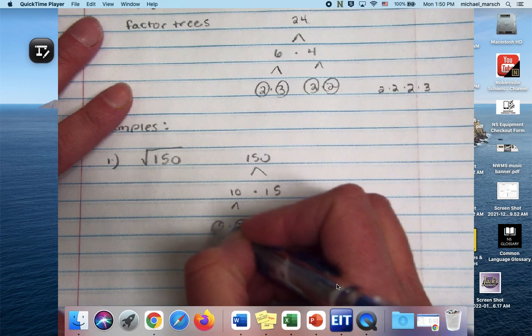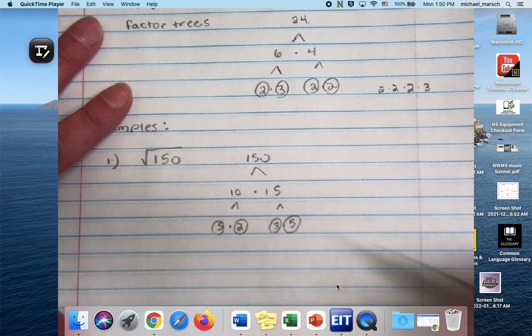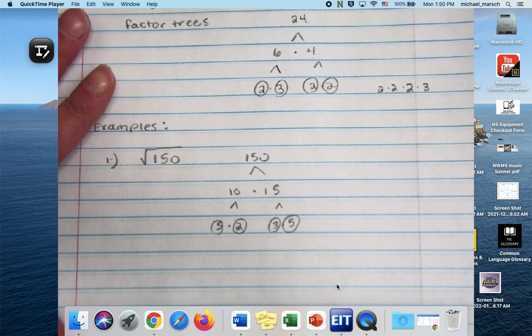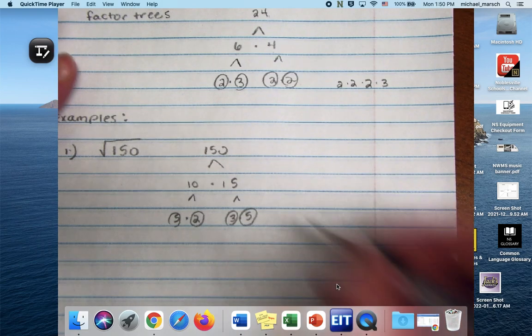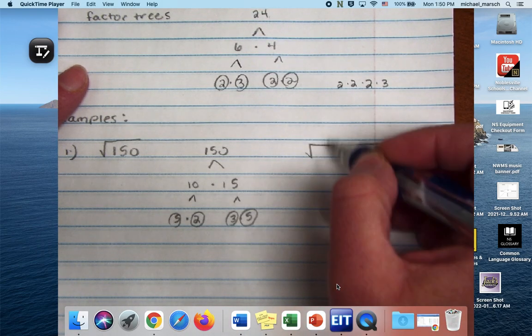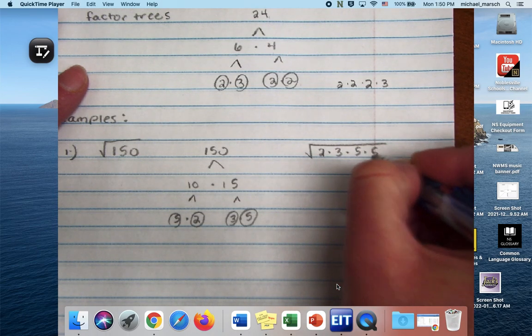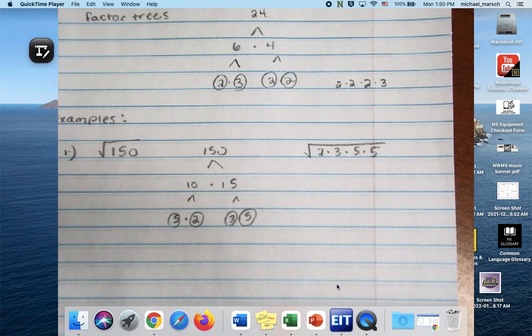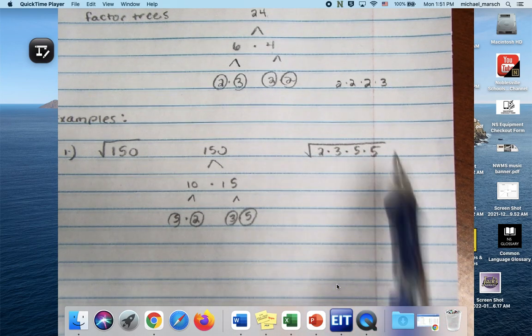Those are both prime numbers. 3 times 5. Those are both prime numbers. And then I'm going to rewrite the square root, but I'm going to put these in order from least to greatest. So I took my factors, I put them underneath the little house deal, right?